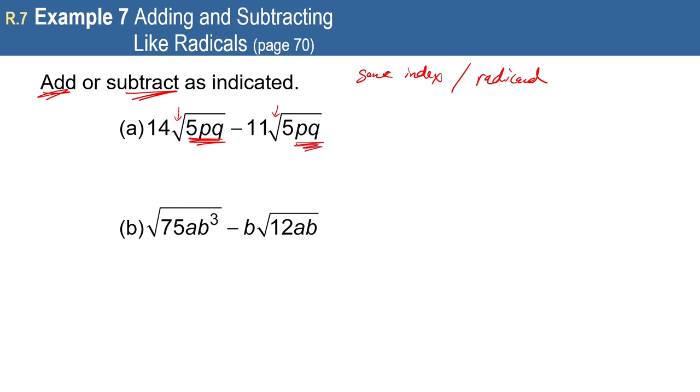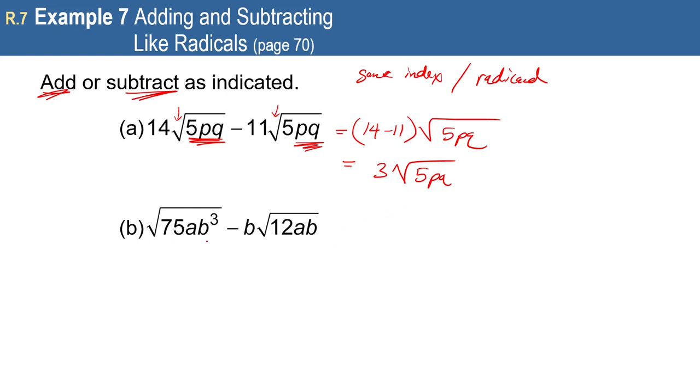The number on the inside is the same, so we can subtract these two. This can be written as 14 minus 11 times the square root of 5p cubed. 14 minus 11 is equal to 3. This simplifies to 3 times the square root of 5p cubed, and we can't simplify this any further.